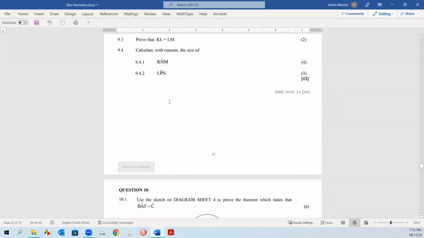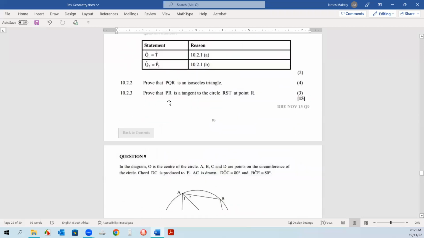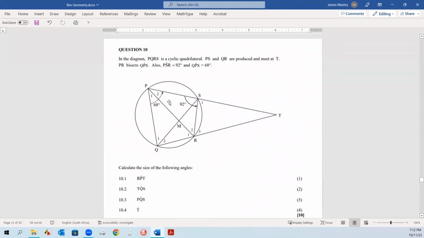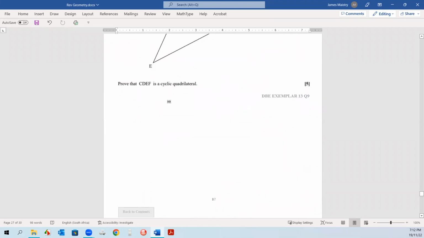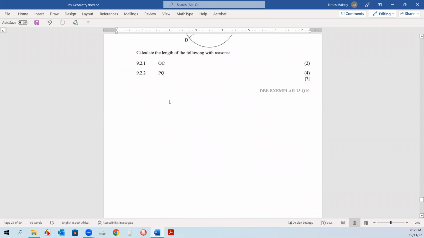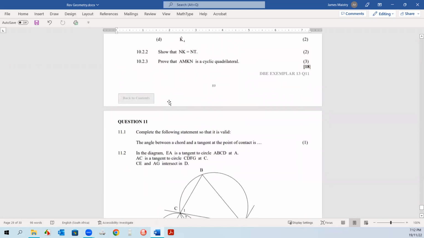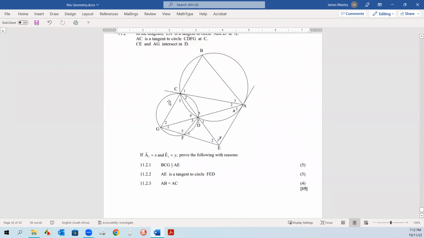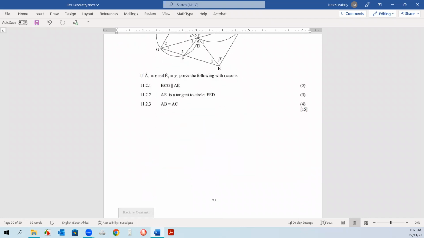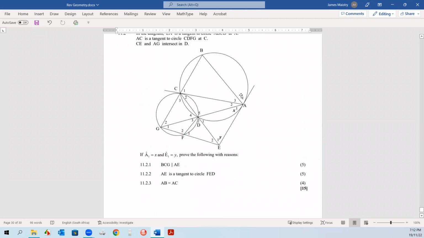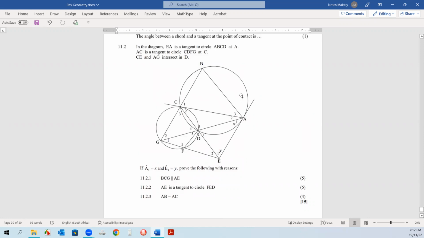Two circles intersecting. Time doesn't permit us to do everything, but we're trying to do some, okay? Beautiful questions. Prove the following. I think this is a good proof question. We're going to do this one, all right? I'm going to give you 3 minutes to read the question.